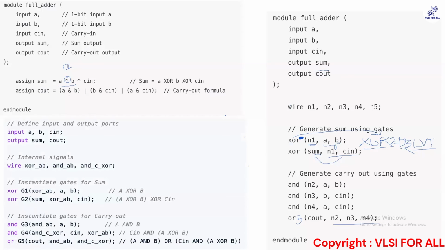I have not explained module where everything would remain the same, module A, B, C in output. Now let's say the wire naming I have changed for now. For example, there was no possibility that the tool found for doing a sum. But what it does is reduce the number of AND gates for performing the carry out operation.